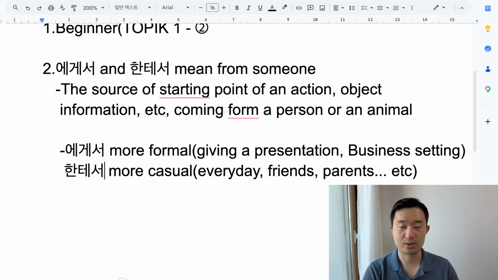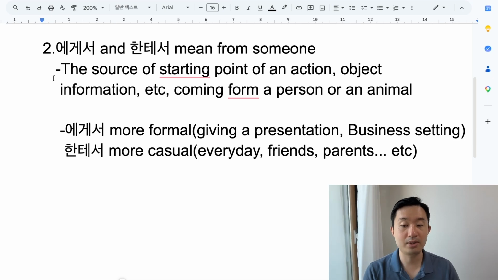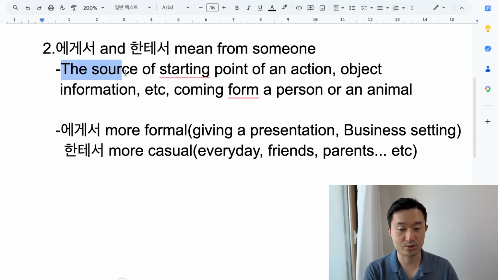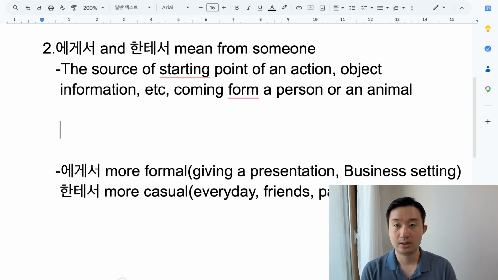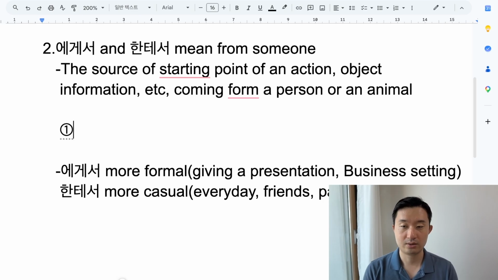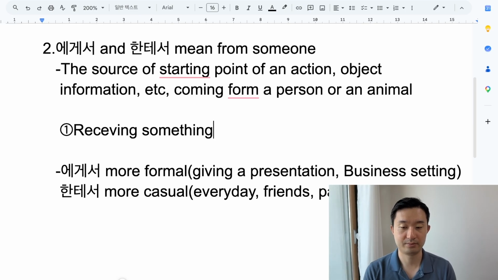So, for example, let me give you more detailed information about the source or starting point of an action, object, information. The first situation is when you're receiving something. Like, I got the water bottle from my mom.